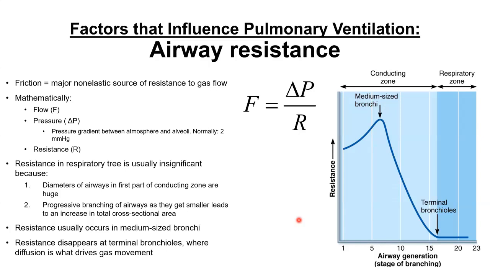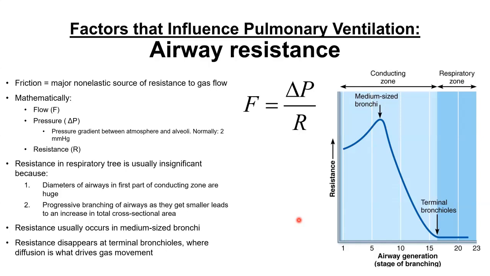Additionally, as we branch further and further down to the alveoli, remember I said that we go through 23 orders of branching before we reach the alveoli.